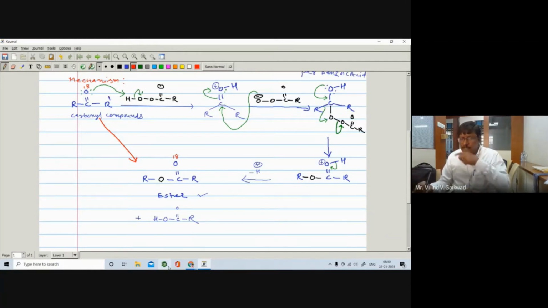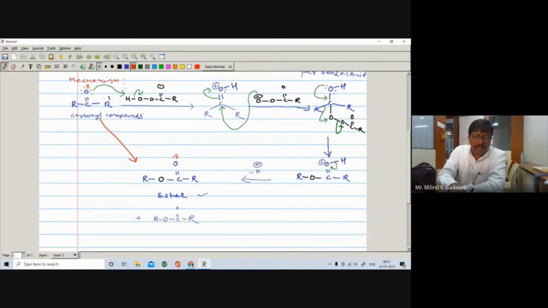Now for an example, suppose the two R groups are methyl, or the two R groups are phenyl. You just write down the same mechanism, only with methyl and methyl, or phenyl and phenyl. We have already learned that in the generalization.